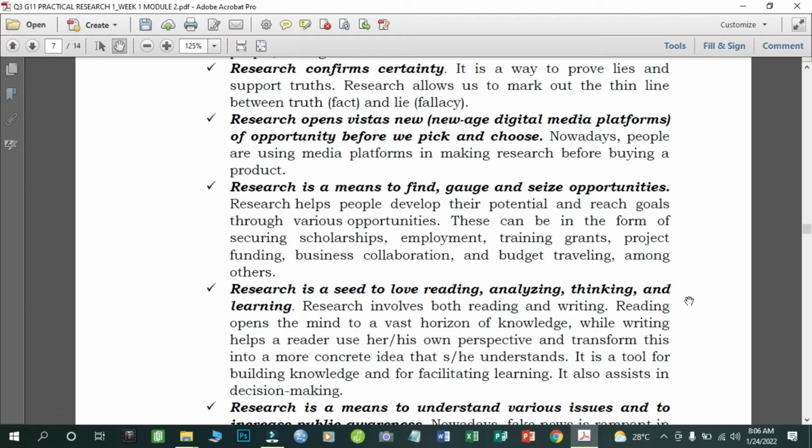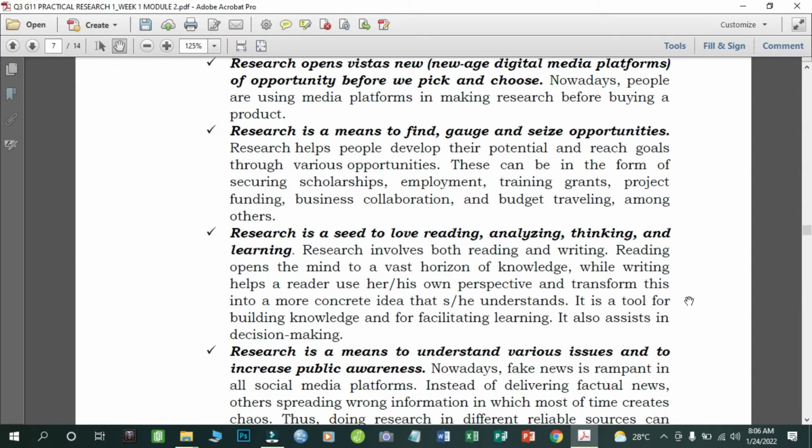Next, research is a seed to love reading, analyzing, thinking, and learning. Research involves both reading and writing. Reading opens the mind to a vast horizon of knowledge, while writing helps the reader use his or her perspective and transform this into a more concrete idea that he understands.